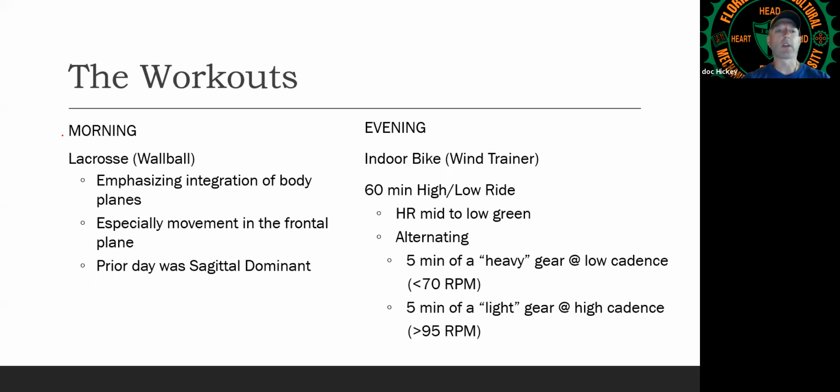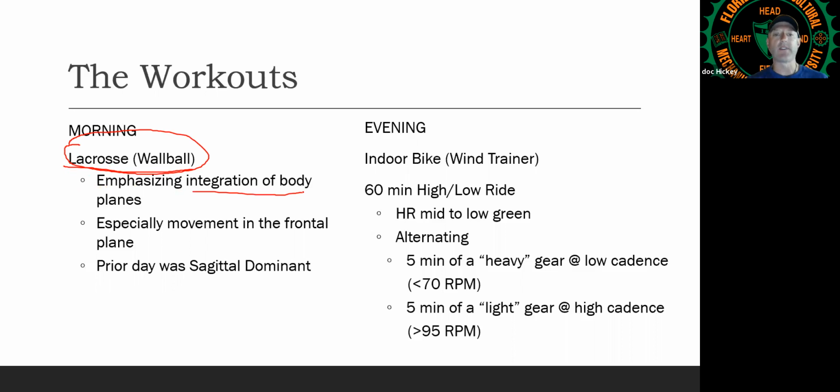So my morning workout is going to be a movement workout. I'm going to get some lacrosse going, get some wall ball going, just throwing the ball against the wall, rights and lefts, and behind the back, integrating body planes. The purpose of lacrosse in my training program personally is that it allows integration of body planes.